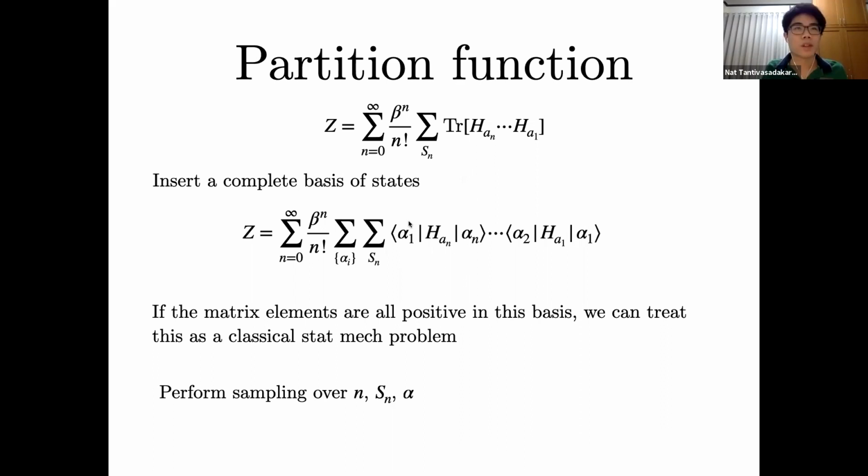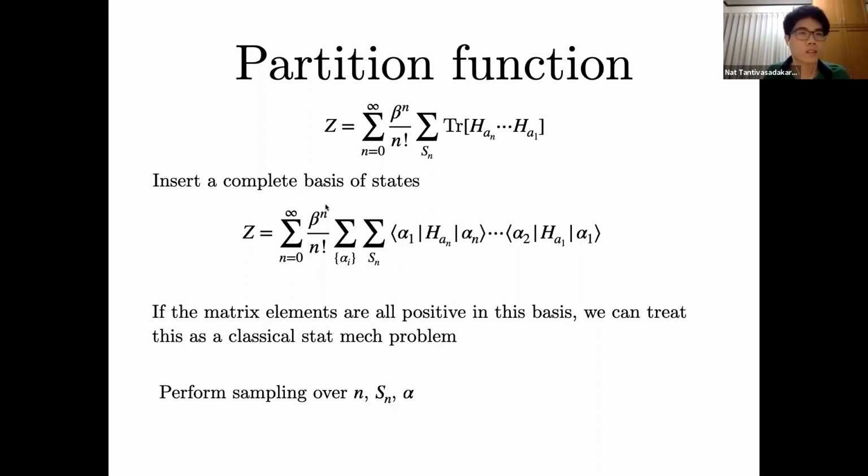You can insert a complete set of basis states, which I'm choosing to be spin up, spin down. As long as your Hamiltonian has matrix elements that are positive in this basis, then we can treat this as a classical StatMech problem, because these are just weights of a classical partition function.